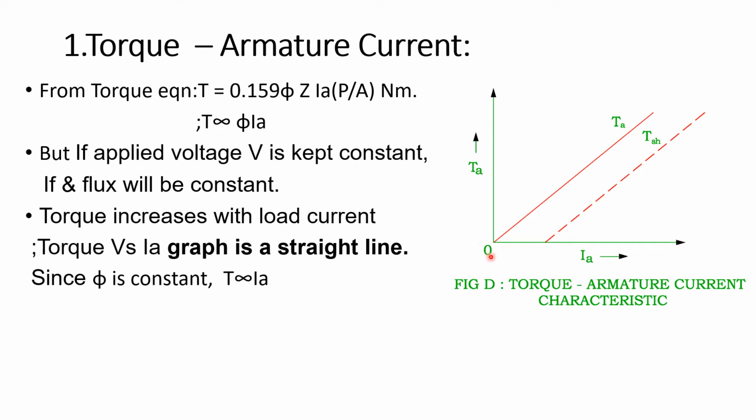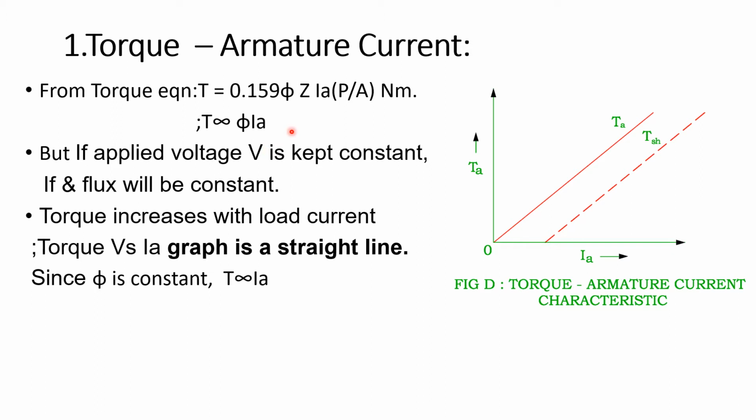Here you can see the characteristics curve for DC shunt motors. We know that for DC motors, the torque equation is T = 0.159 Z φ IA (P/A), and here Z, P, A are constants. So torque is directly proportional to the flux and the armature current, φ into IA.